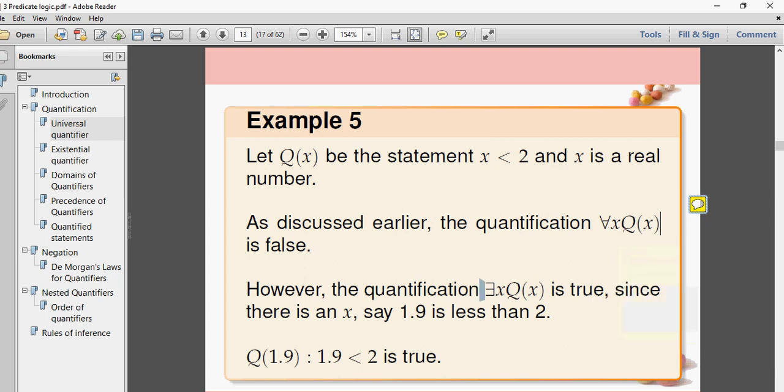So here, there exists x, Q(x), is true, since I find x equal 1.9, which is less than 2. For each x, Q(x) is wrong. There exists x, Q(x), is correct, true.